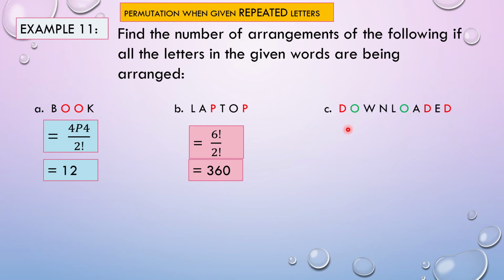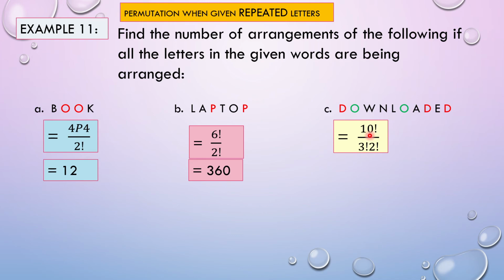Next, question C, downloaded. If you see here, the letter D appears 3 times and letter O twice. So let's see how to find the number of arrangements for all the letters in the word downloaded. Total we have 10 letters.